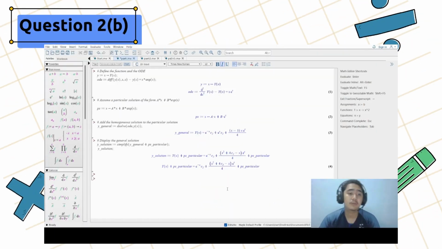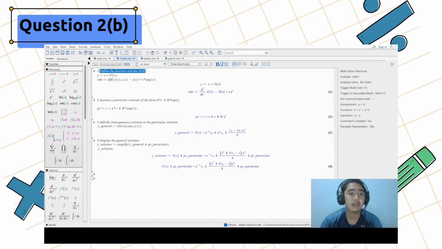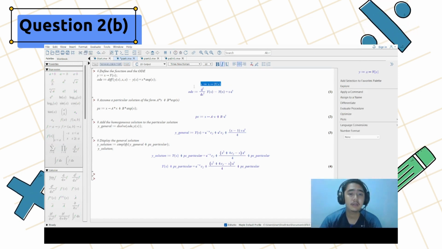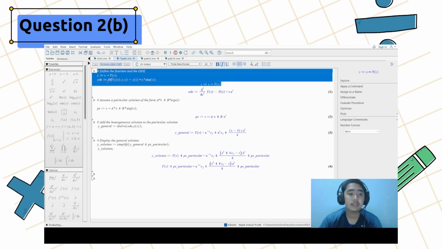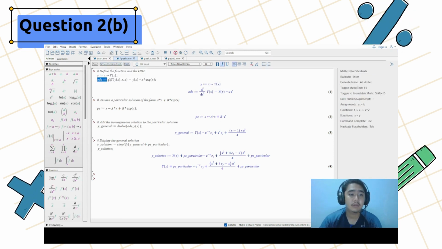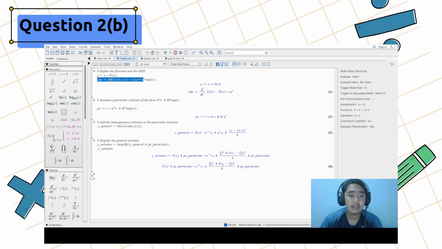For 2B, we will use the undetermined coefficient method. As usual, just define the function and the ODE, the same code: ODE diff(y(x), x, x) minus y(x) equals x times exponent x.